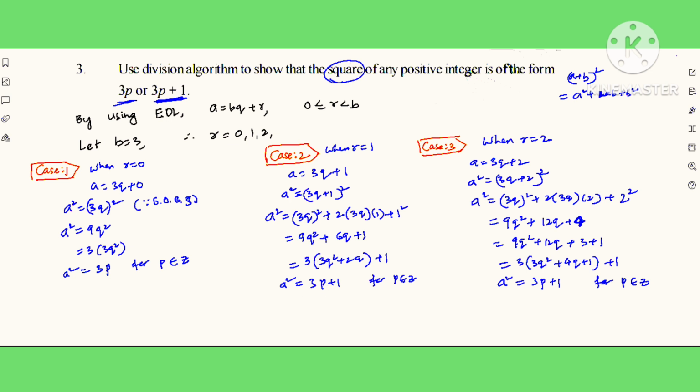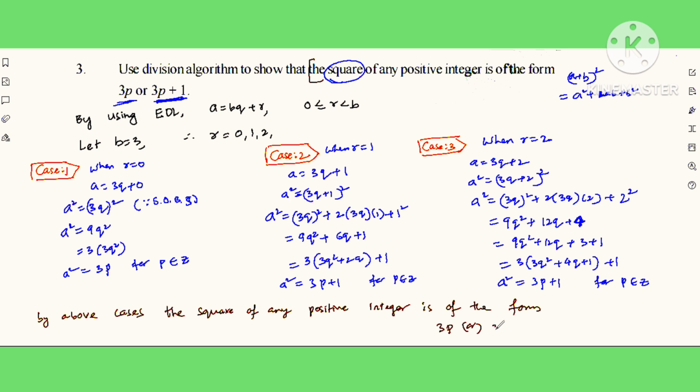So here what I can write is, by above cases, we have the square of any positive integer is of the form 3P or 3P plus 1.